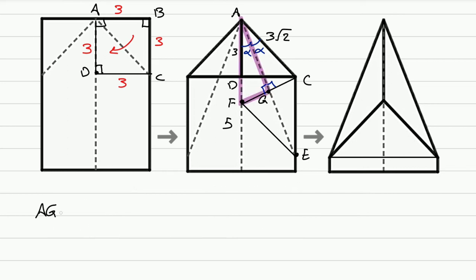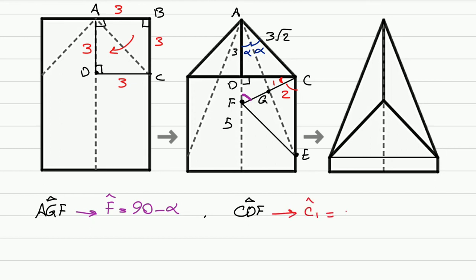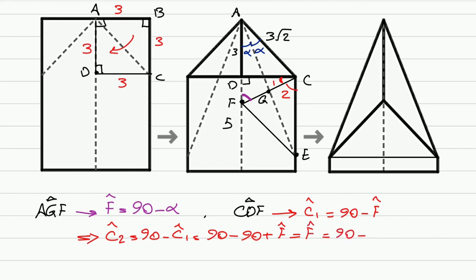So in the triangle AGF, the angle F is 90 minus alpha. And in the triangle CDF, the angle C1 is 90 minus the angle F, and then the angle C2 is 90 minus the angle C1, that's 90 minus 90 plus the angle F, that's equal to the angle F, that is 90 minus alpha.